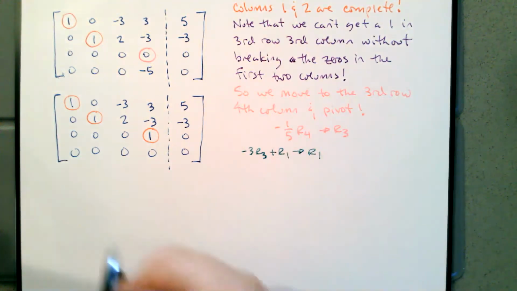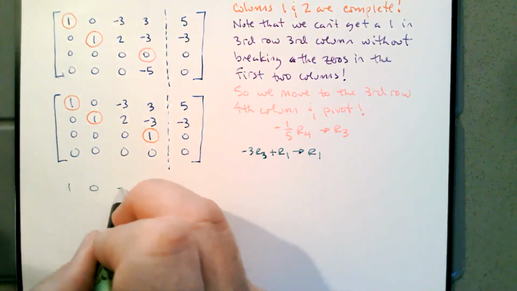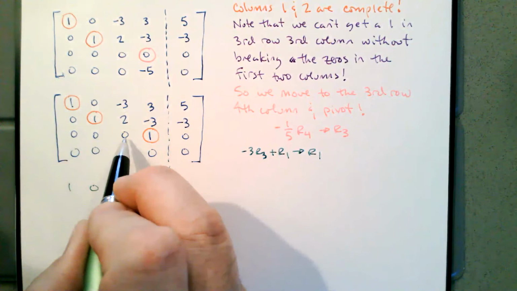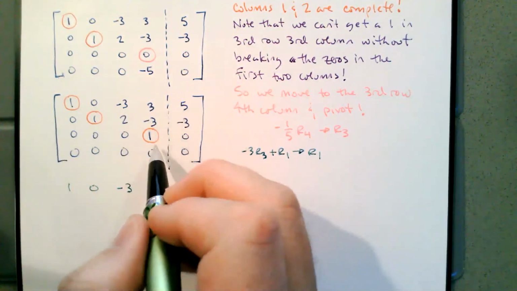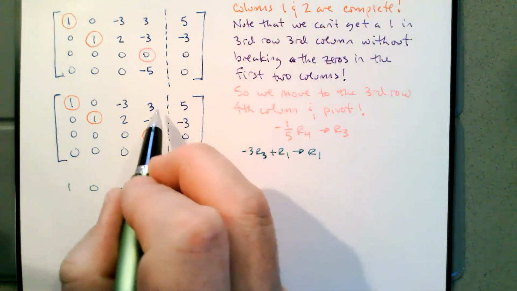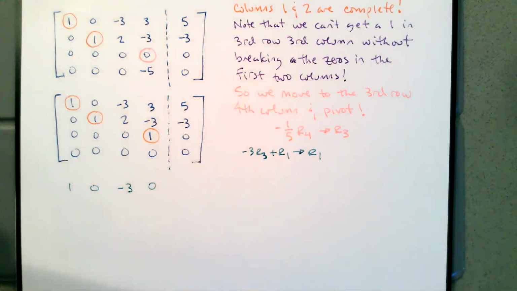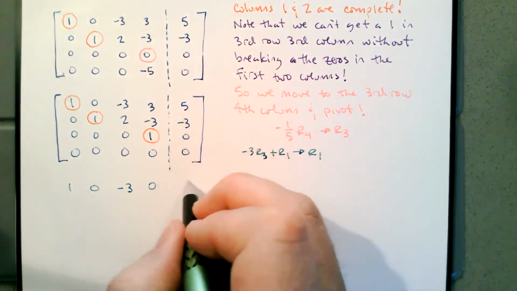So my new row 1 will look like 1, 0, -3. Now notice that these 3 zeros did not change the first 3 columns in row 1. That's what we want. But -3 row 1 plus row 3 will zero out where we're not pivoting in column 4. And also, this is kind of uninteresting, but 0 and 5 is 5.